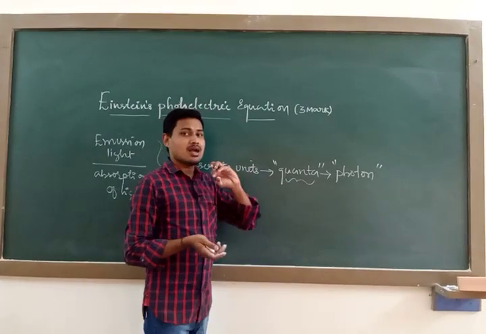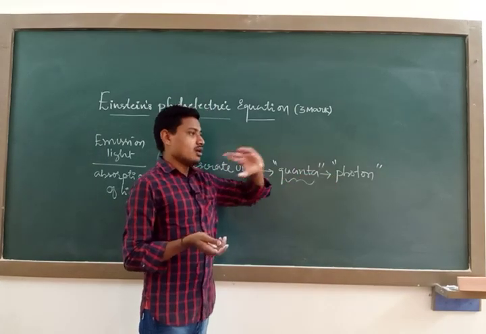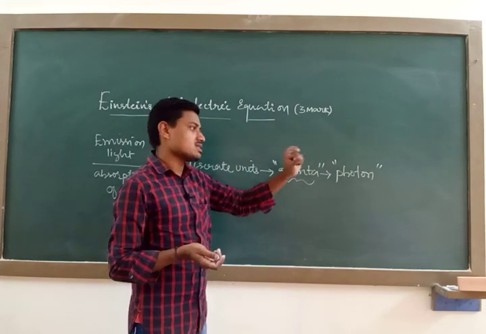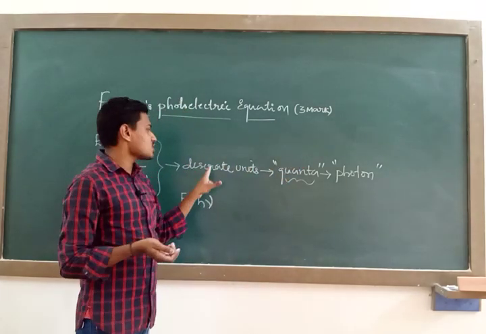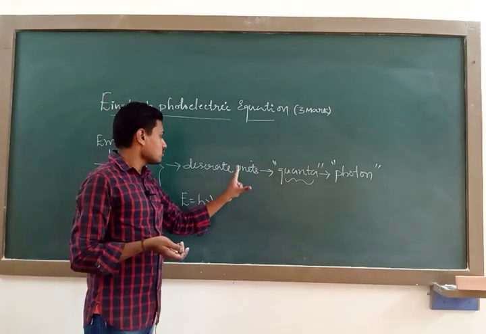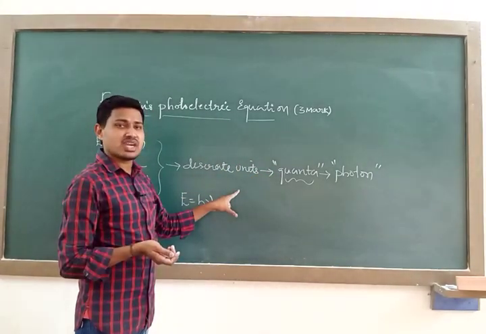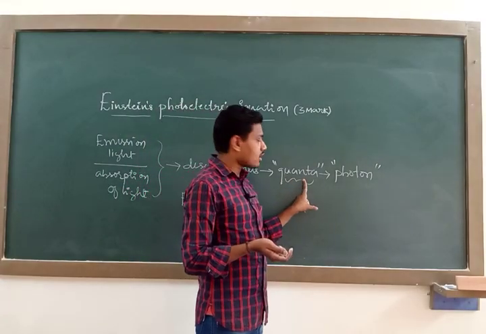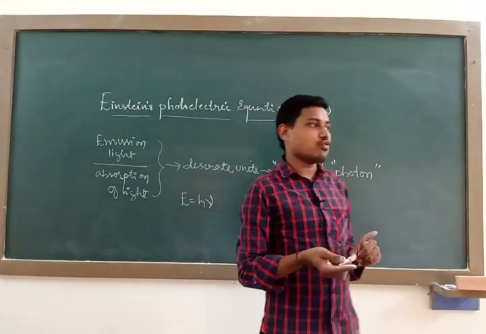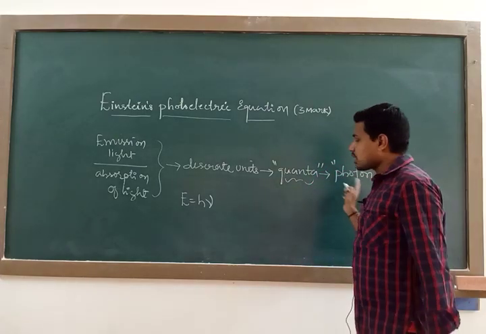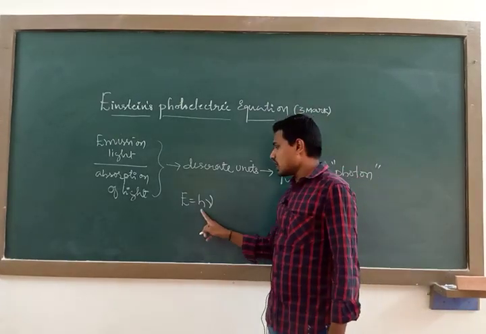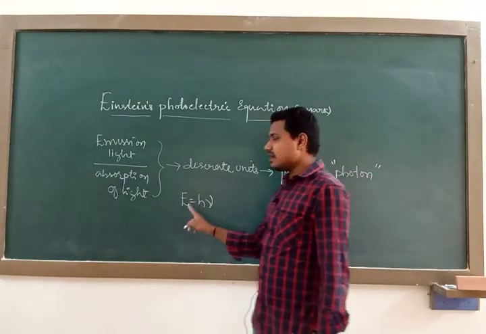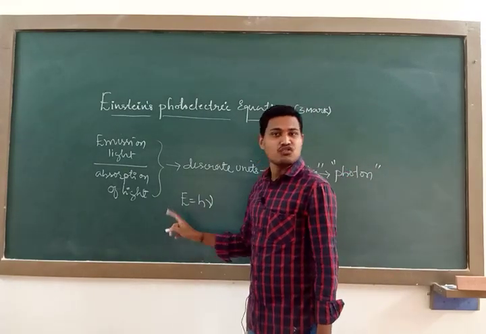In the case of emission, light is emitted in the form of small packets of energy, and these small units comprise some particular amount of energy. These small packets of energy are called quanta, and generally we call them photons. So each photon has energy E equals h nu, where h is Planck's constant, nu is frequency, and E is the energy associated with the photon.